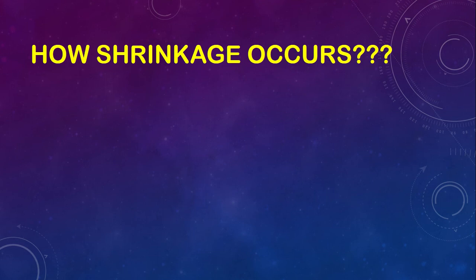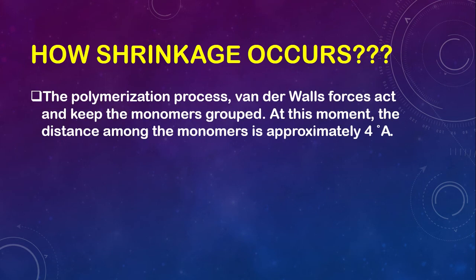So at what point does the shrinkage occur? During the polymerization process, the weak van der Waals forces keep the monomer groups apart, and the distance between the two monomers is about 4 angstrom. Right?